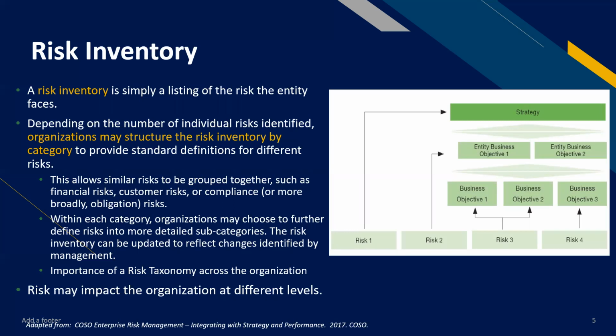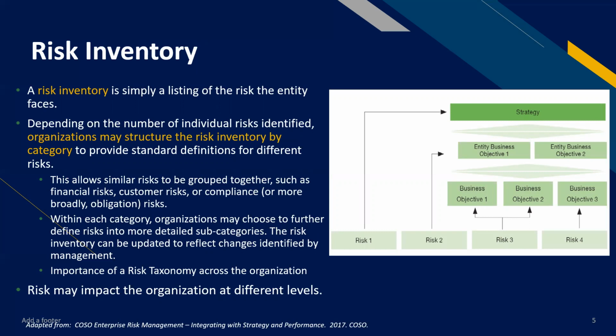So those can be grouped together because they can be addressed together, right? And so therefore, it can be grouped as financial risks, for example. Customer-related risks might be grouped together, or compliance-related risks, etc. By grouping them together, even though you listed them down separately, it gives you a better overview of the risks that you have on hand.